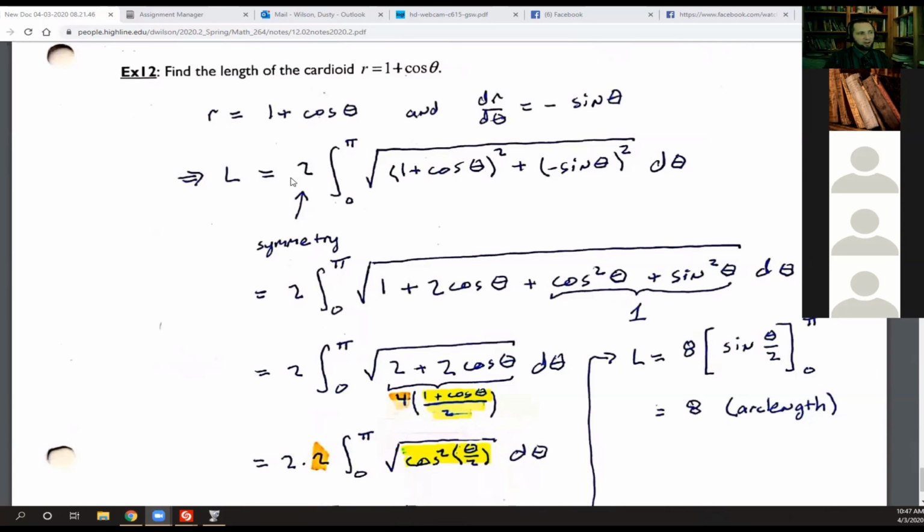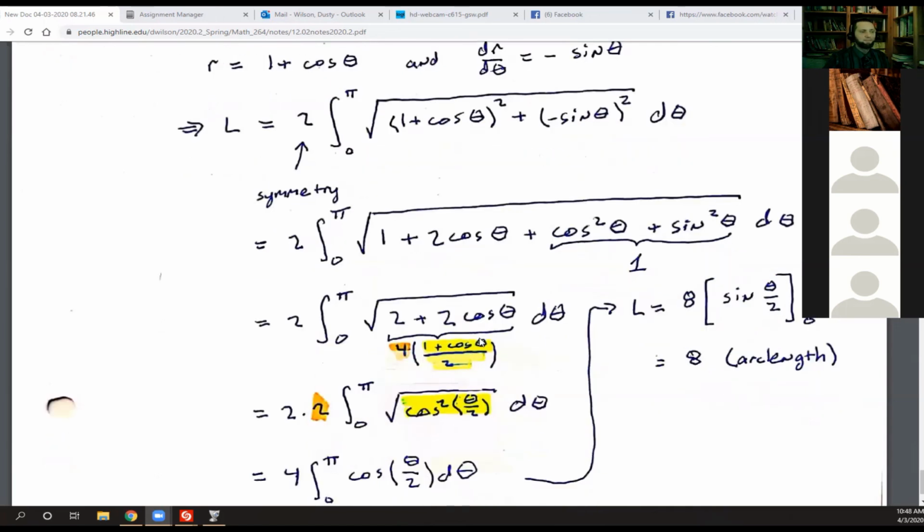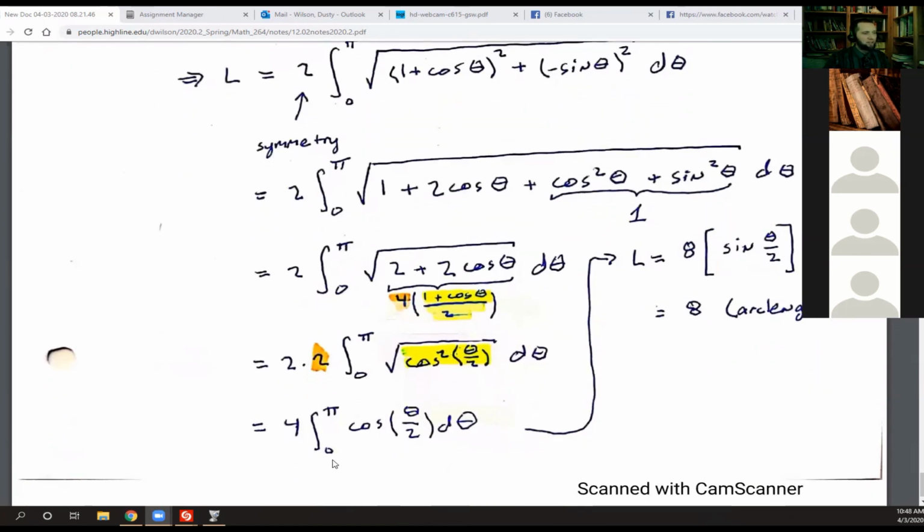This is the same cardioid as earlier, so I'm doubling my size: I'm going 0 to pi instead of 0 to 2 pi, taking advantage of the symmetry. Stick everything in. Shockingly enough, the Pythagorean identity comes through. Woohoo! Basic trig, integrate, and you get a number out the back end.